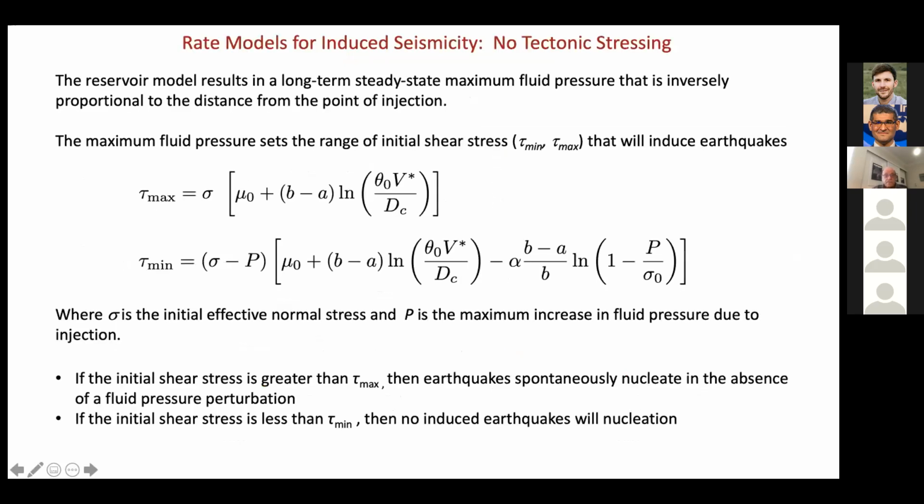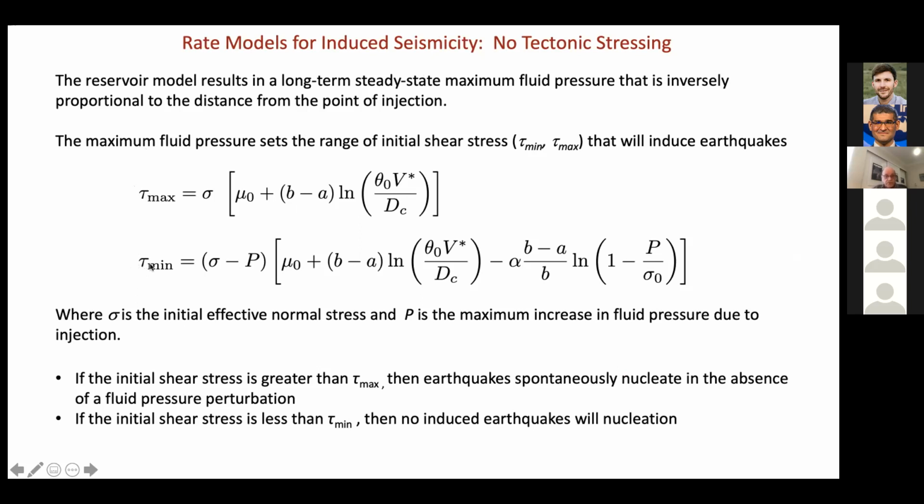So here I'll first discuss just a very simple model, in which we ignore any kind of background or tectonic stressing that might be driving earthquake rates. Under those conditions, with no tectonic stressing, there's a maximum and minimum fluid pressure.